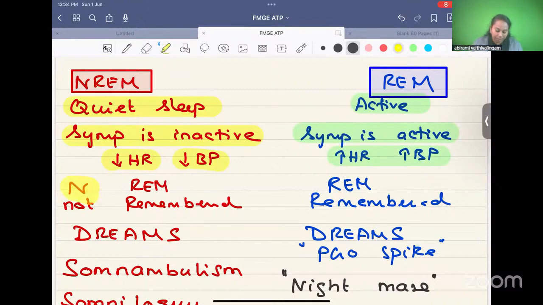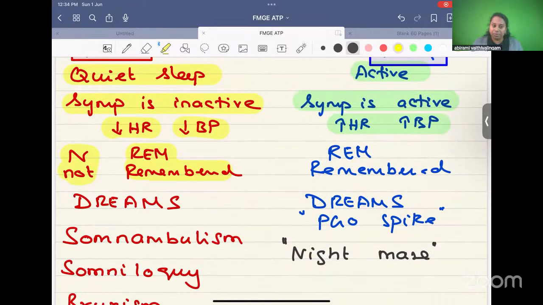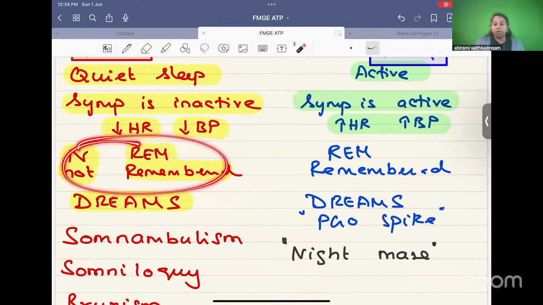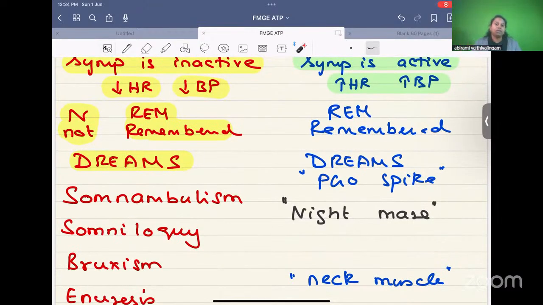NREM: N for not, REM for remembered. Not remembered. What is not remembered? If you have a dream in the NREM sleep, you will not remember that in the morning. What are the other things that happen during the night and you don't remember in the morning? Only your roommate will tell you you did all this in the night.